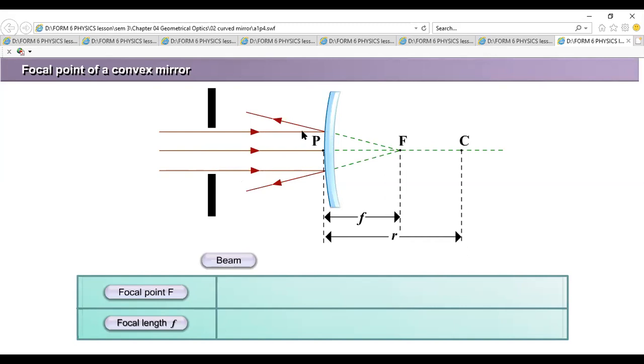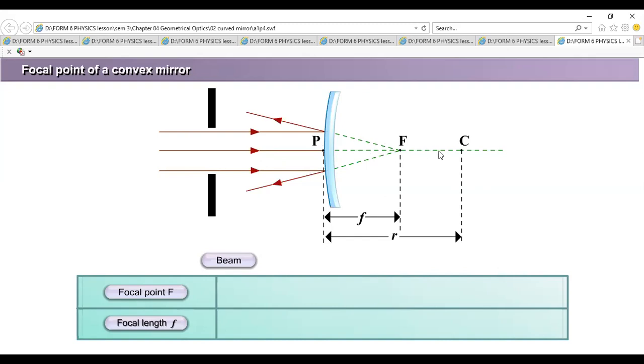Once we extend the light beams backward, we find that they focus at one point. That will be the focal point. The focal point will be at the other side of the convex mirror.